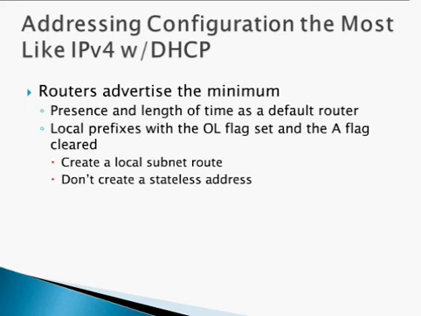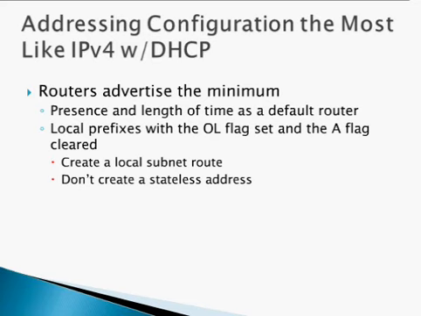They're going to advertise these local subnet prefixes with the OL flag, the on-link flag, set to 1, and the A flag, or the autonomous flag, cleared. The OL flag set to 1 means go ahead and create a local subnet route in my routing table. The A flag cleared means don't create a corresponding stateless address.